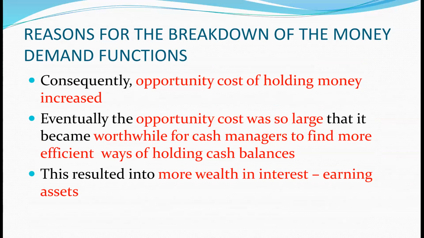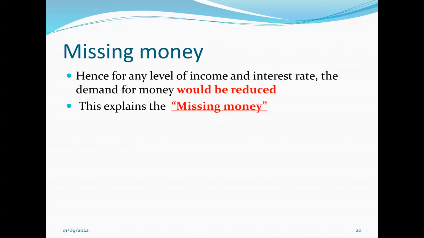So people, instead of holding cash, decided to put more of the cash they had into interest-bearing assets. Because for any level of income and interest rate the demand for money would be reduced, this explains the missing money.